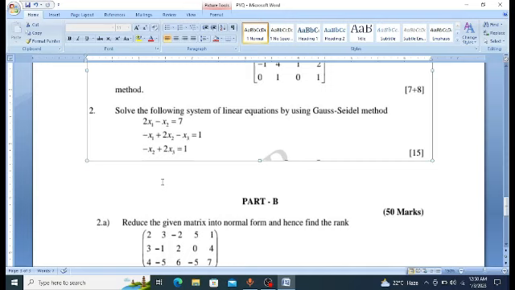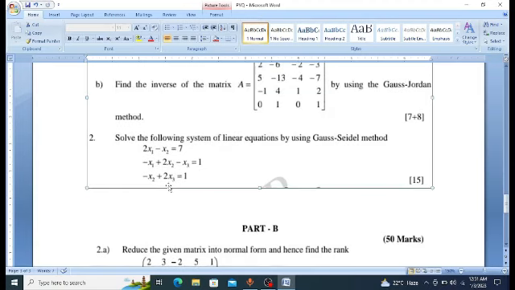Most of the questions were repeated on normal form, Gauss elimination method and Gauss-Seidel iteration method, and at last we have Gauss-Jordan and solving the system of equations.